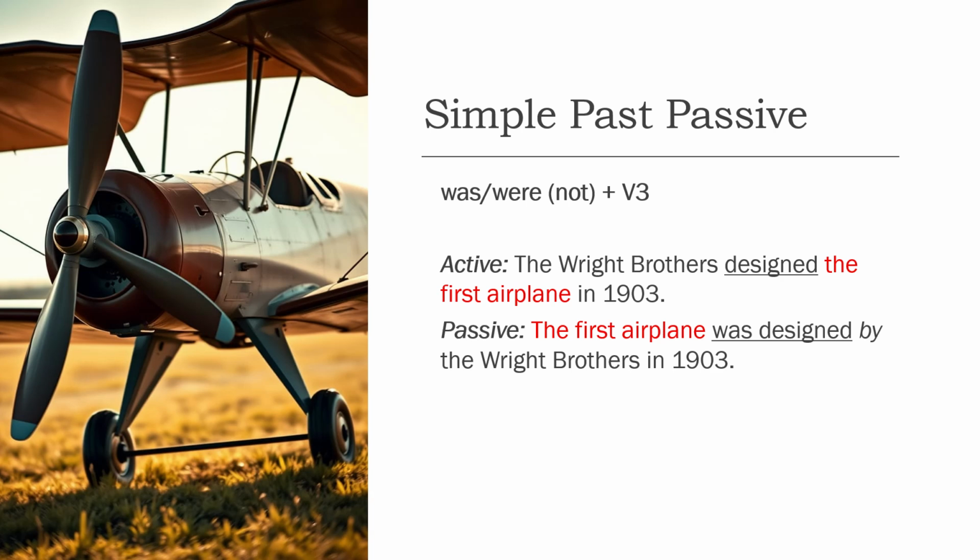And in the passive sentence, we start with the object of the active sentence. So, the object of the active sentence becomes the subject of the passive sentence. The first airplane was designed by the Wright brothers in 1903. And using by, we give the doer of the action.